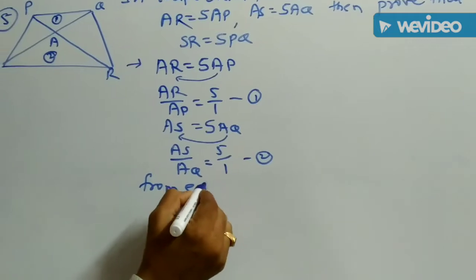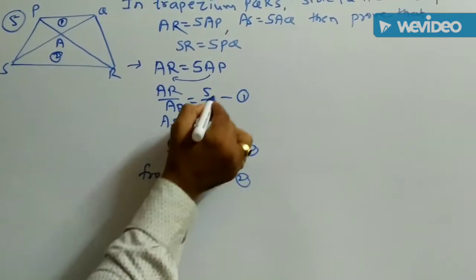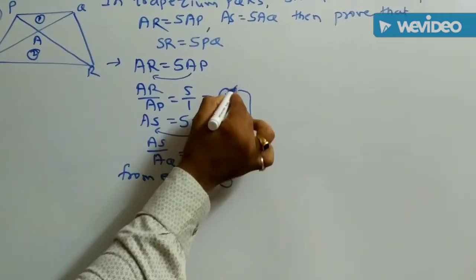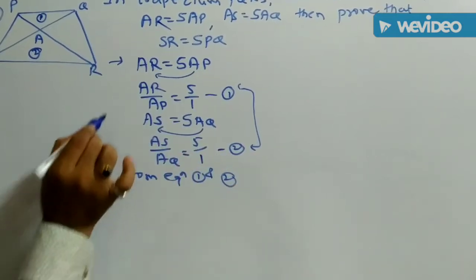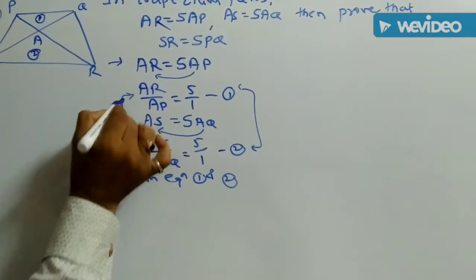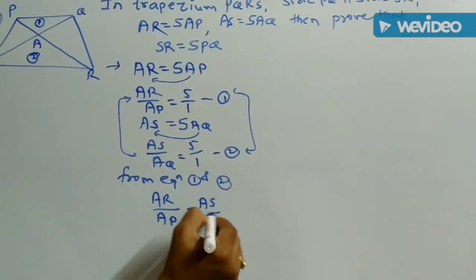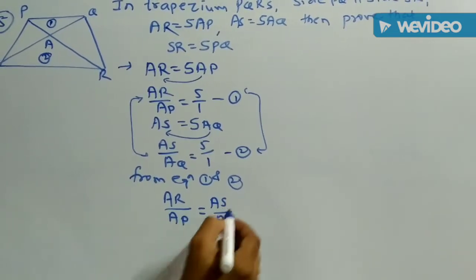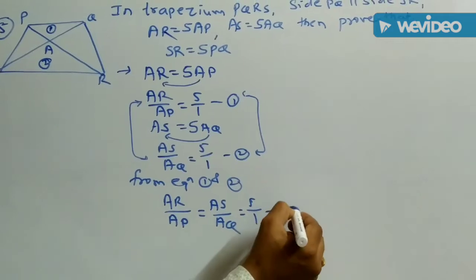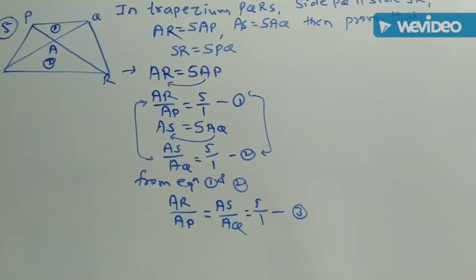Therefore, from equations 1 and 2, RHS of both are the same, so LHS are also the same, AR upon AP is equal to AS upon AQ, which is 5 upon 1, equation 3.